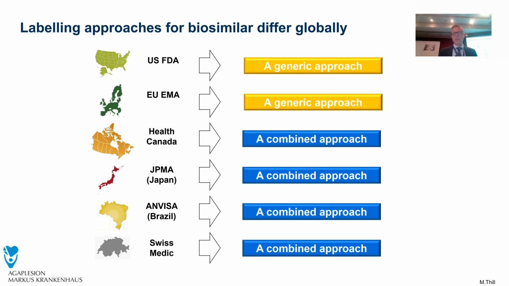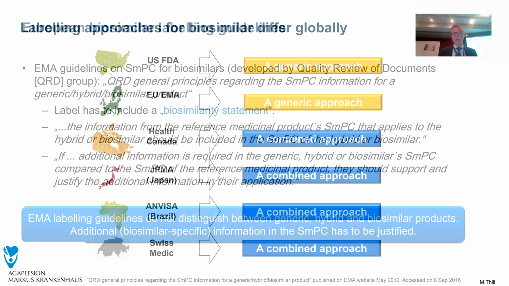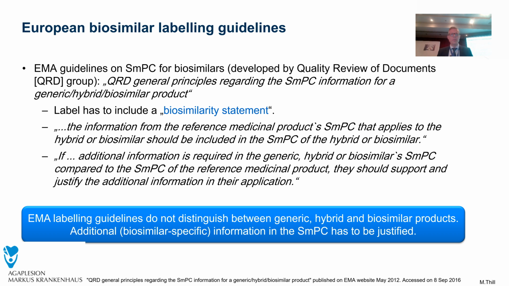And in the EU we have a generic approach, and that means that the label, and this is recommended by the EMA, has to include a biosimilar statement, but just a statement, and the rest, so the summary of the product characteristics, belongs to the reference product.